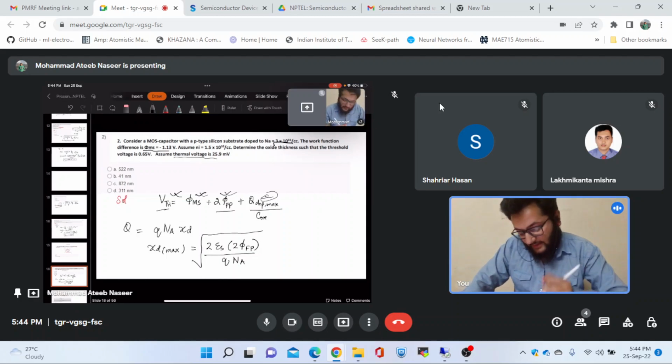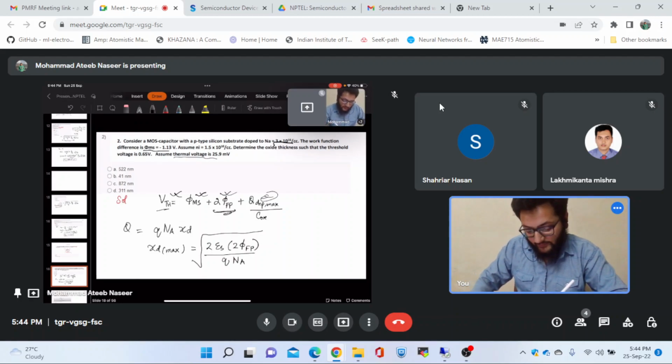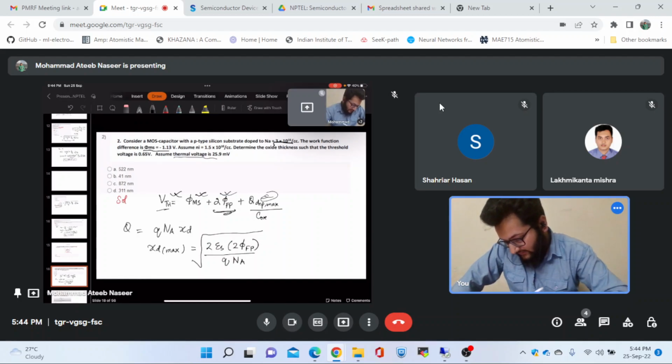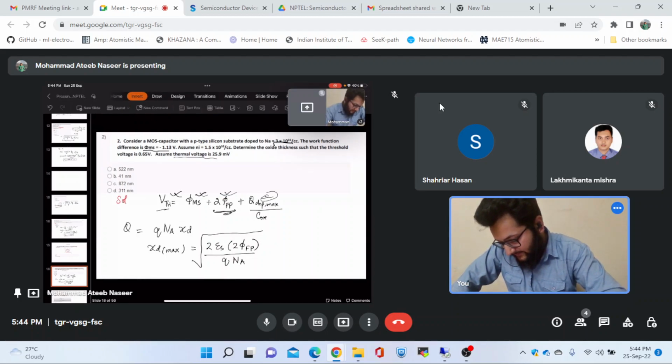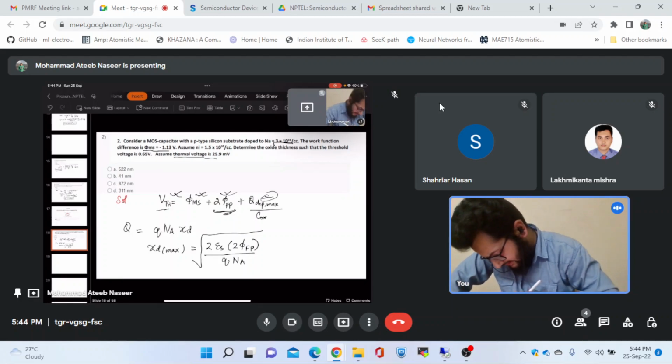So this is the depletion width. Now let me go back and first find this phi fp, so that I can substitute it over here and get the depletion width. Now to get this phi fp, let me calculate it.